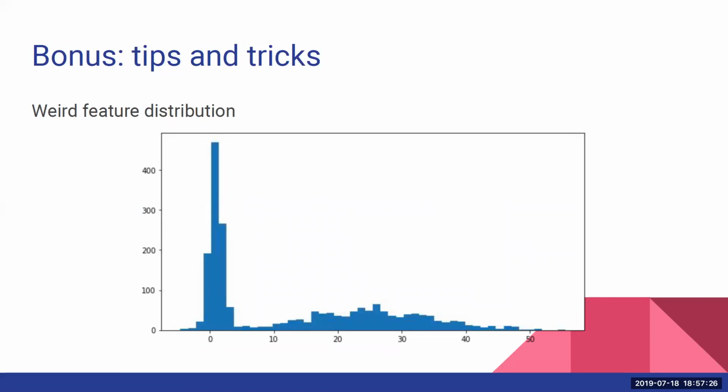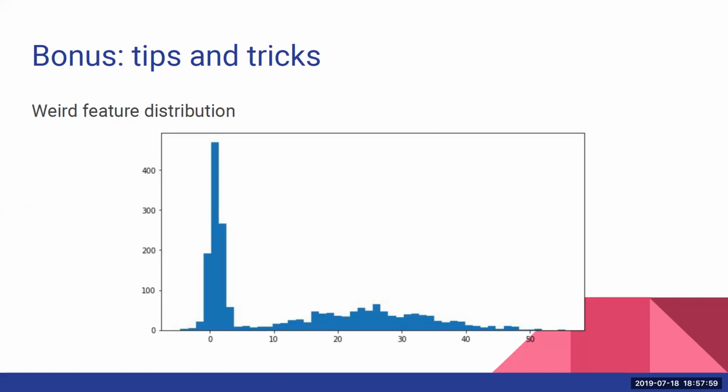Or another case, one of the last probably: we have a feature with a very, very weird distribution. Do you have solutions to that? How to train a model on that? Any ideas? I don't know, to be honest. But one thing I would probably do is split this peak of data and train a different model on it.